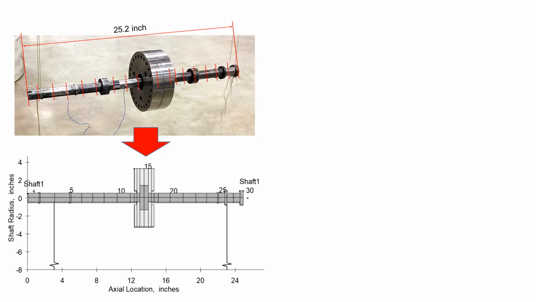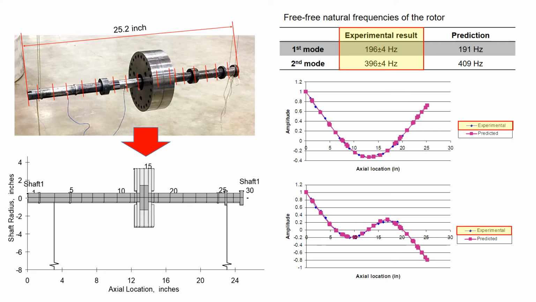To do so, you need to model the rotor geometry in the finite element tool as shown below, and then run the analysis. Here are the natural frequency and the mode shape results from the impact test, and the prediction from the rotor dynamic model.